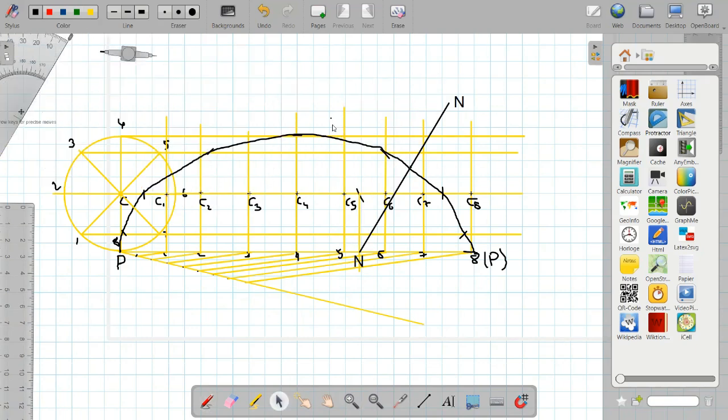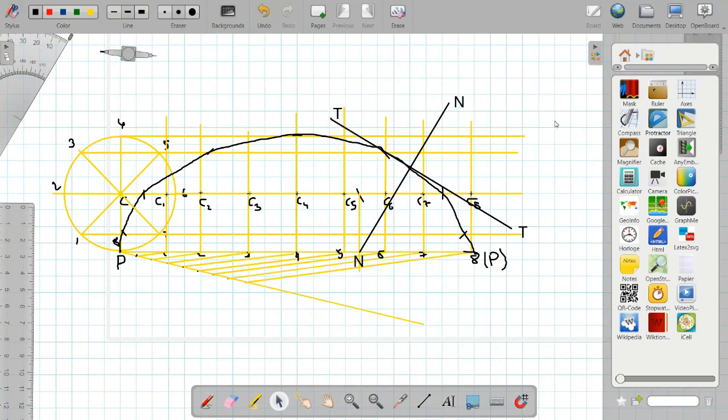And now I will join these 2 points, the point which I just marked and the point from which we want the tangent and normal. And I will name this as T, that is tangent.